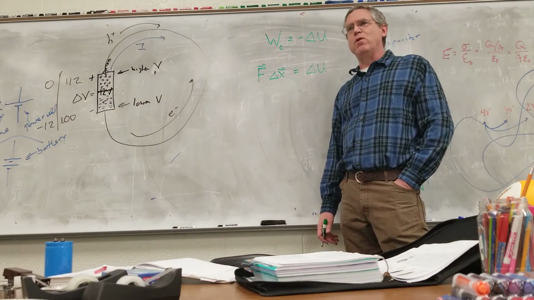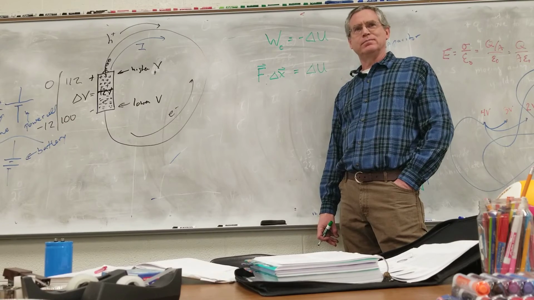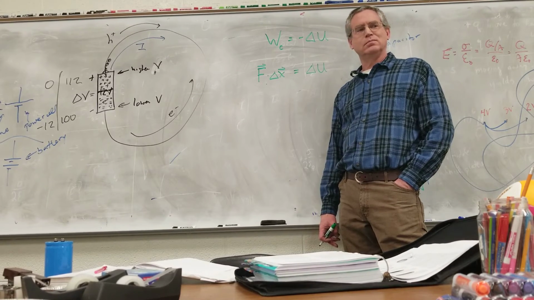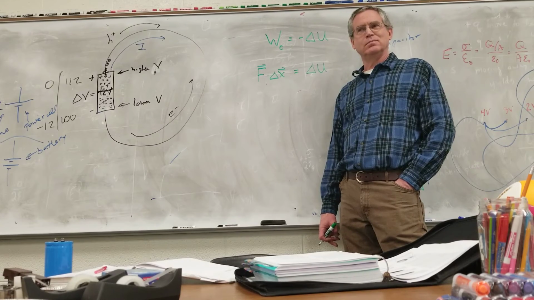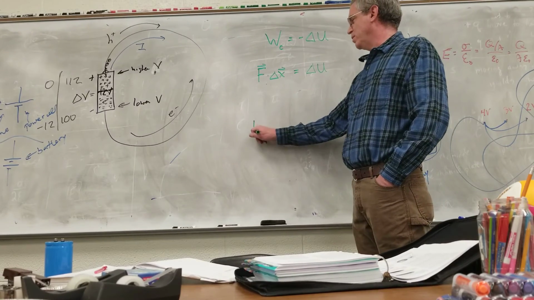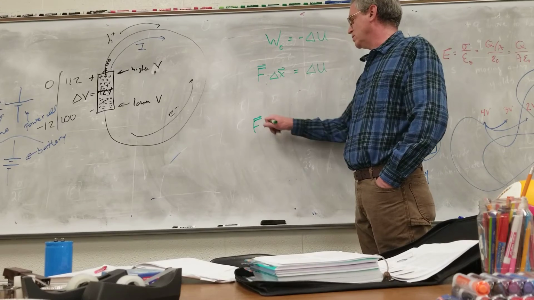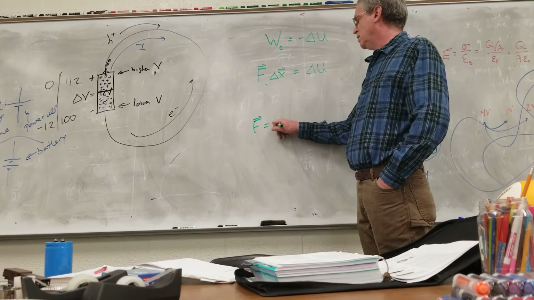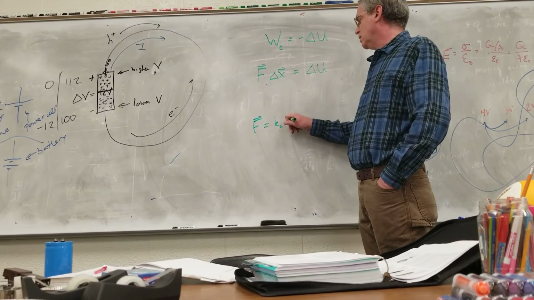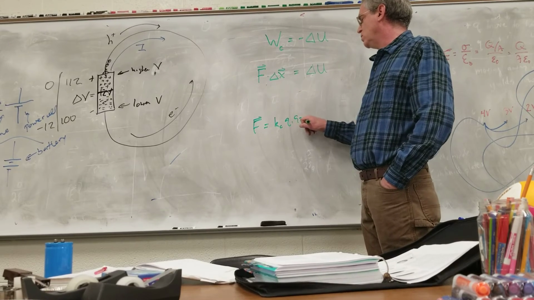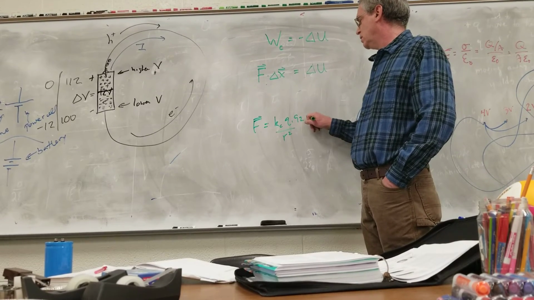The relationship between force and electric field. Well, let's start out with writing the formula down for force for just two charges. So F is k sub C or E, Q1 Q2 over R squared.